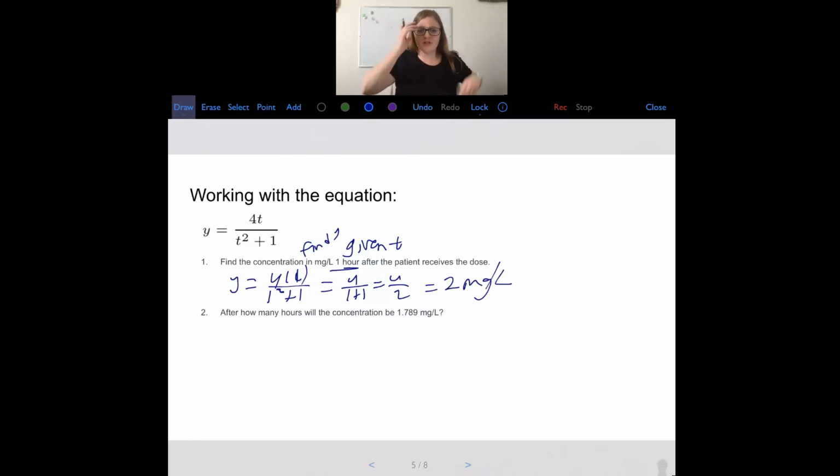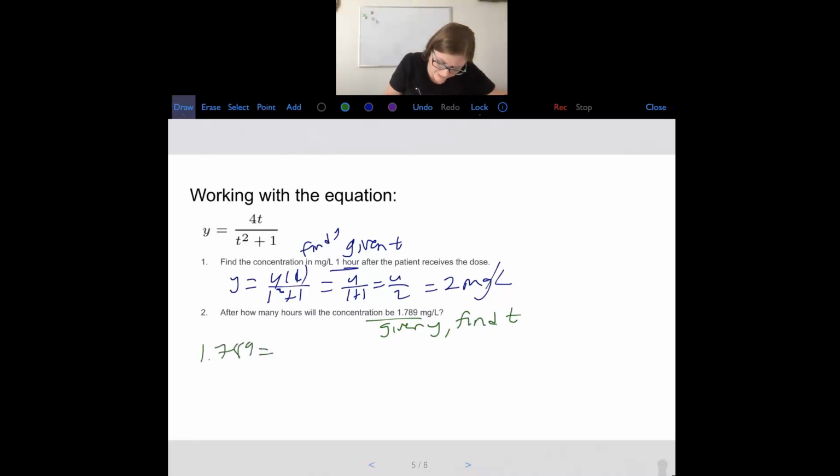Number 2, after how many hours will the concentration be 1.789 milligrams per liter? Well, we're given concentration and we're asked to find t. So we plug in 1.789 for y, and then we solve for t. This would be t squared plus 1.